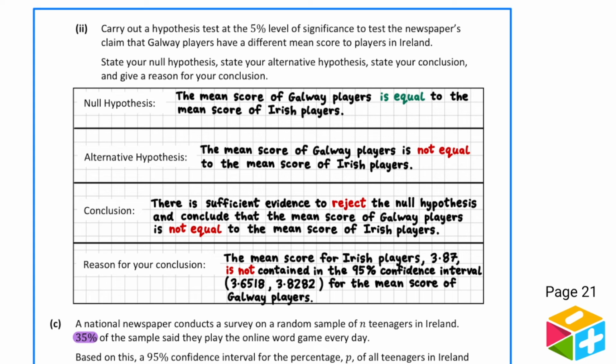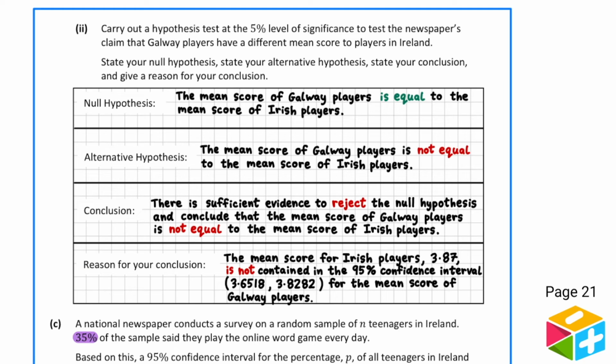In part BII, we must carry out a hypothesis test at a 5% level of significance to test the newspaper's claim. There's 4 things that we're prompted to do. State the null hypothesis, the alternative hypothesis, state our conclusion, and also justify the reason for our conclusion.